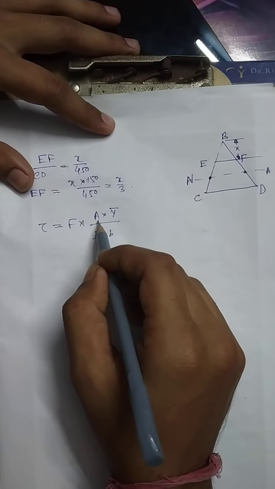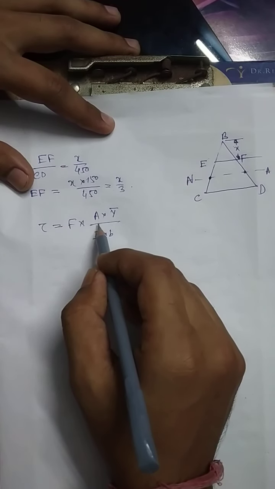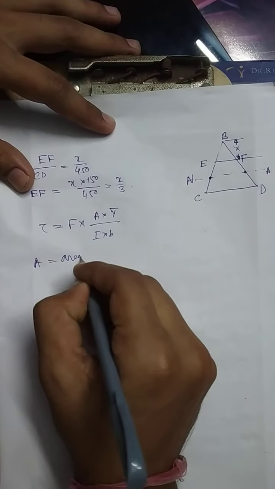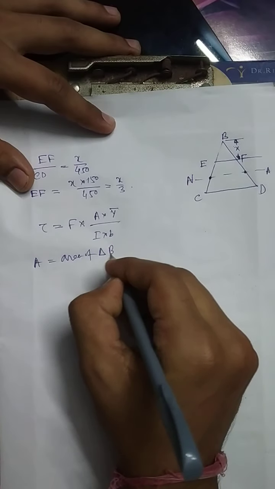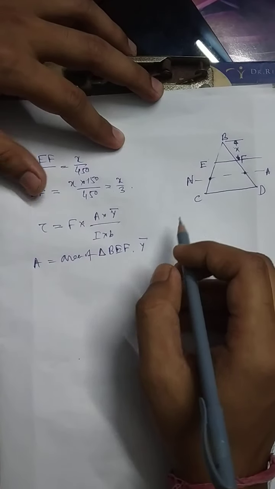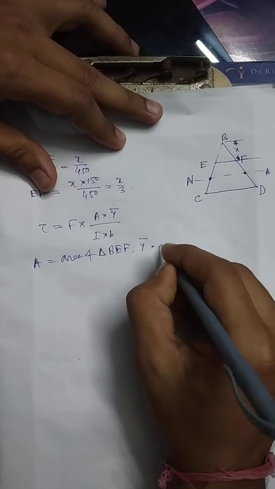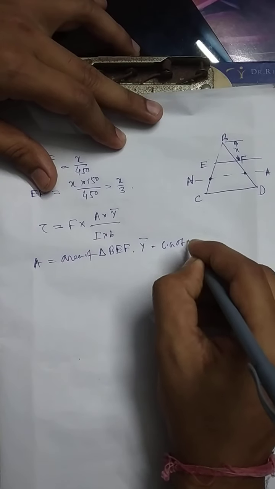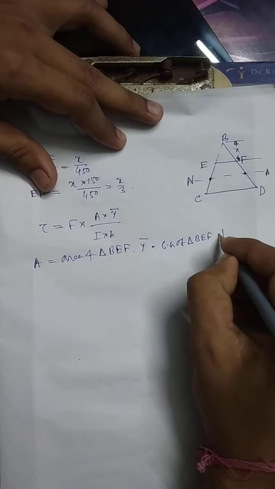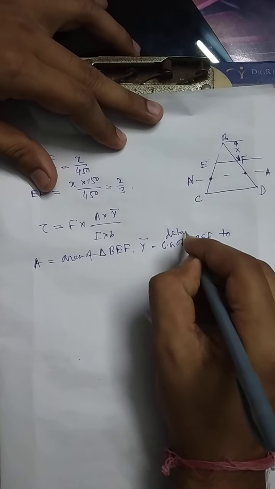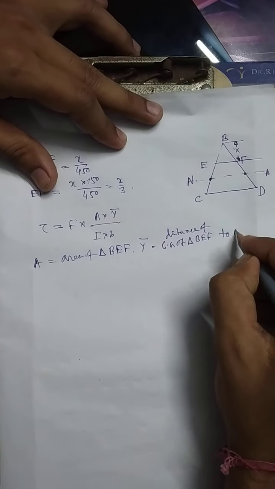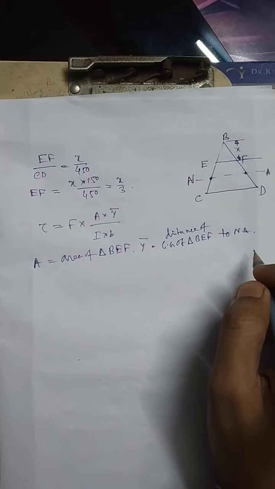Area A means the area of triangle BEF, and y bar will be the distance of the CG of triangle BEF to the neutral axis.